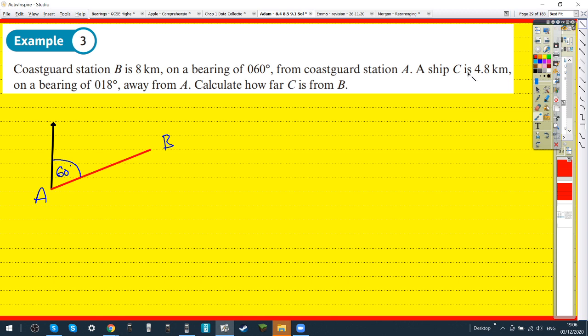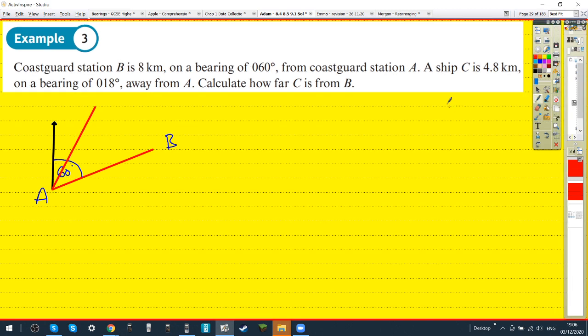So it's on a bearing of 18 degrees away from A. So half of that is 30, 15, so it'd be about there. And the first one was 8 kilometers. This is 4.8. So what is 60 minus 18? 42. So this angle there is 42.